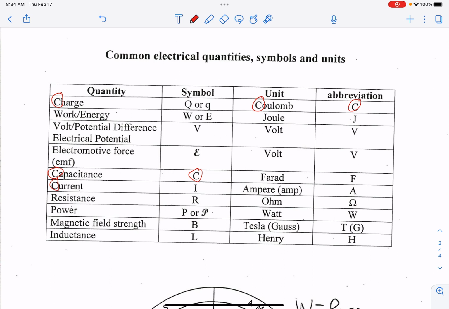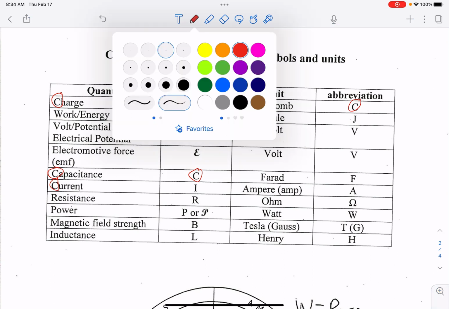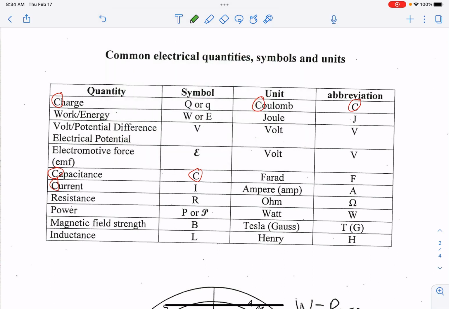Another good example of why it's important to understand all the terminology on this chart is the fact that current, which begins with a C, strangely enough, we use the letter I to stand for current, and it's measured in amps, which we're going to abbreviate with the letter A. So there doesn't seem to be any consistency there.